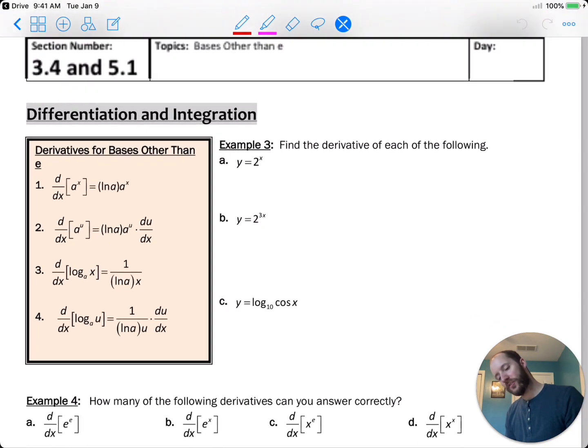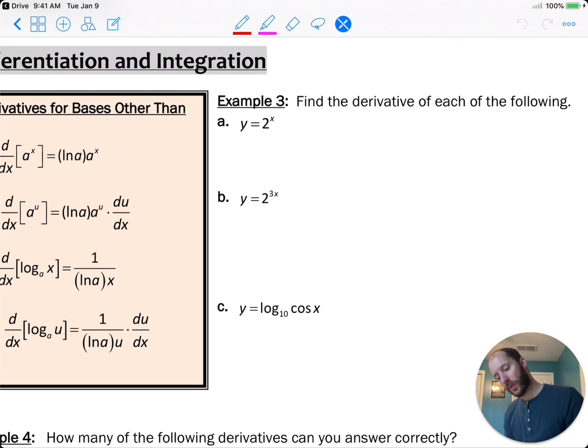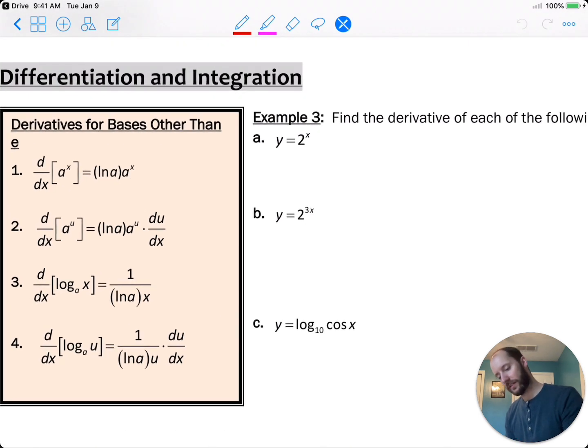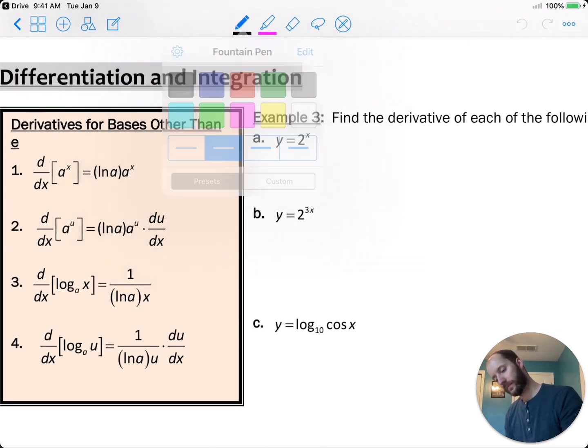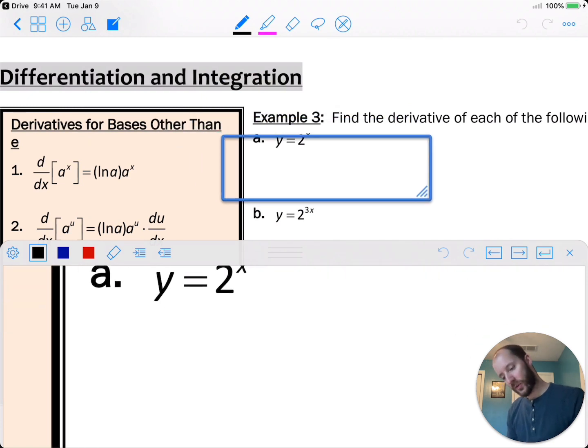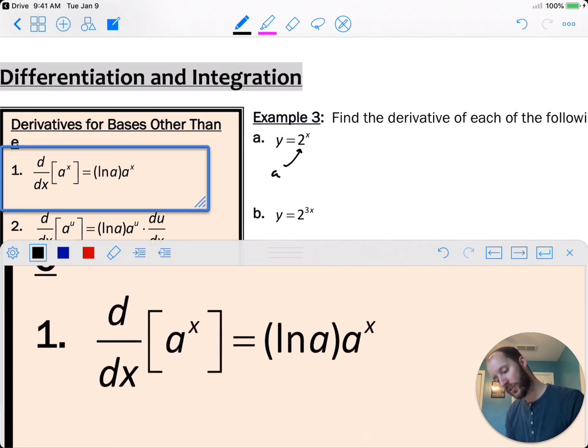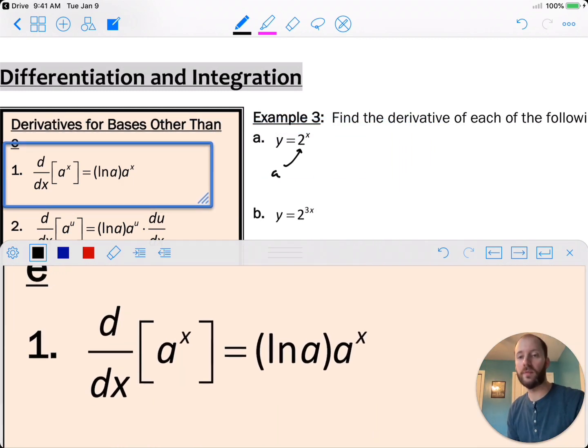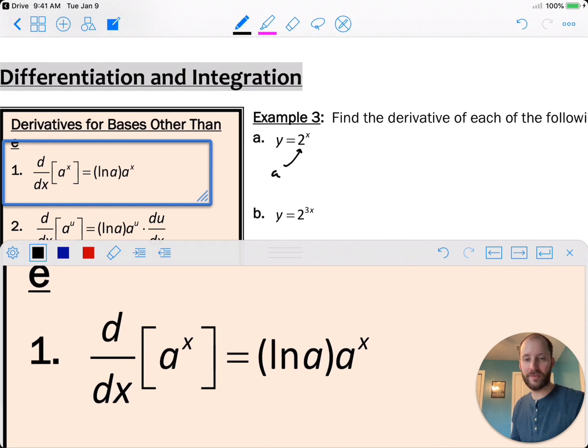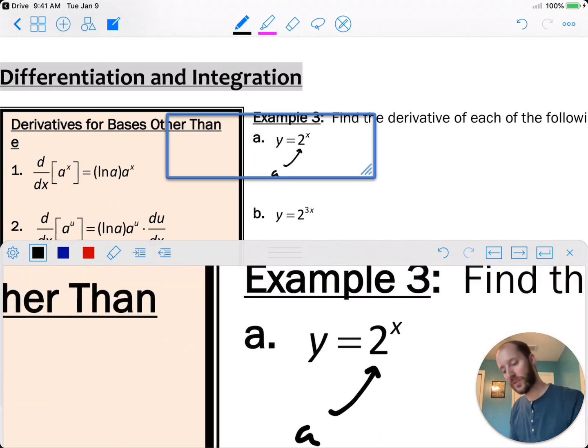So find the derivative of each of the following. y equals 2 to the x. So we have 2 that is a value. So using the first rule, the derivative of a to the x is ln of a times a to the x.